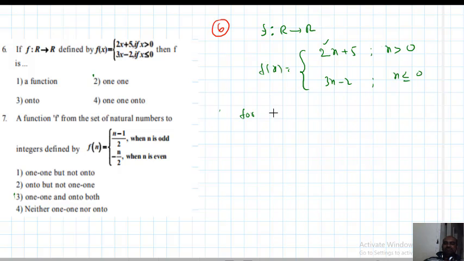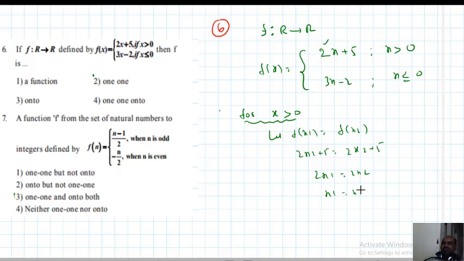For x greater than 0, let f of x1 equal f of x2, that is 2x1 plus 5 equal to 2x2 plus 5. Subtracting 5 from both sides, 2x1 equal to 2x2. Dividing both sides by 2, x1 equal to x2. That is, f of x equal to 2x plus 5 for x greater than 0 is one-one.